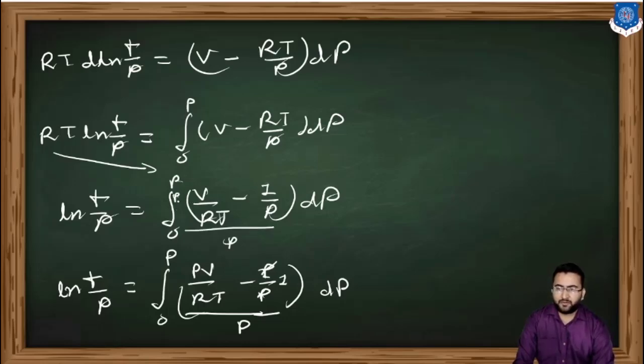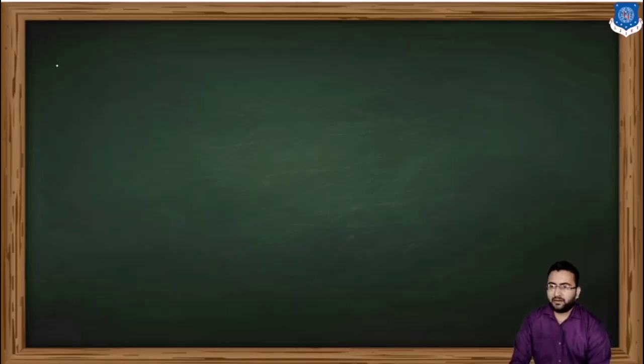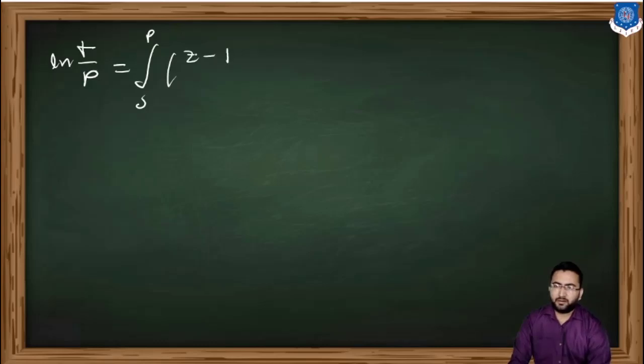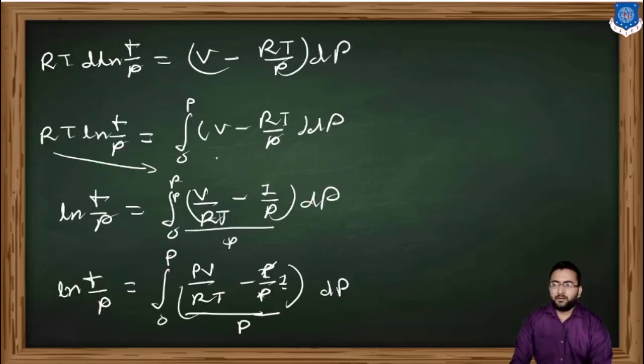If we multiply with P, then it becomes PV upon RT, and the other P becomes 1 upon P. So this equation becomes ln f upon P is equal to integration from 0 to P of Z minus 1, because we know that compressibility factor is denoted by PV upon RT.